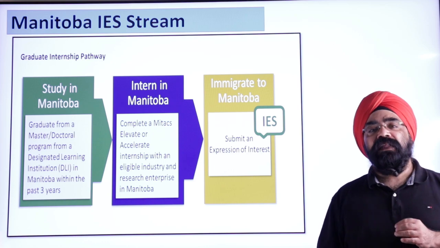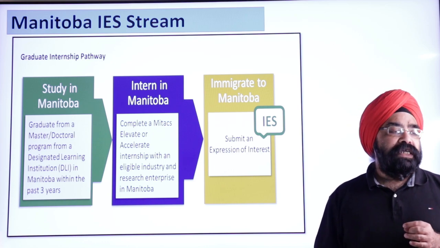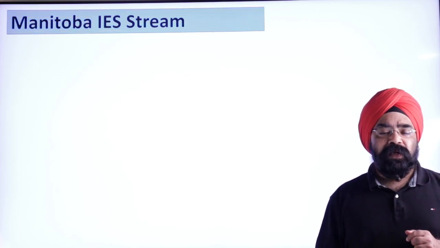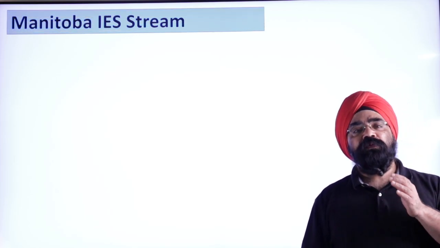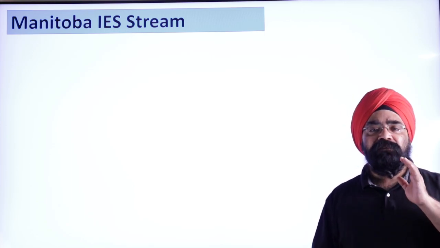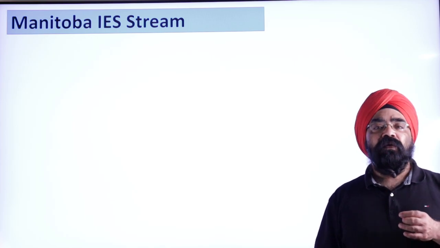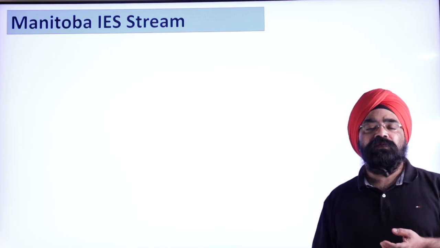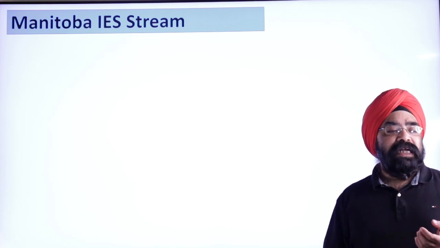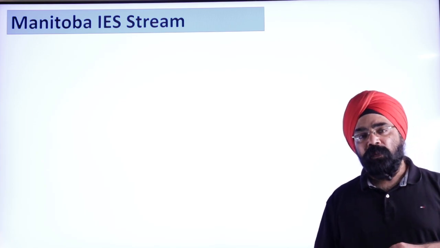The second pathway available for students is the career employment pathway. It is for those students who come to Canada for post-secondary. They take 1 year or 2 years of course at a DLI institute, and after that they get a job offer in Manitoba.